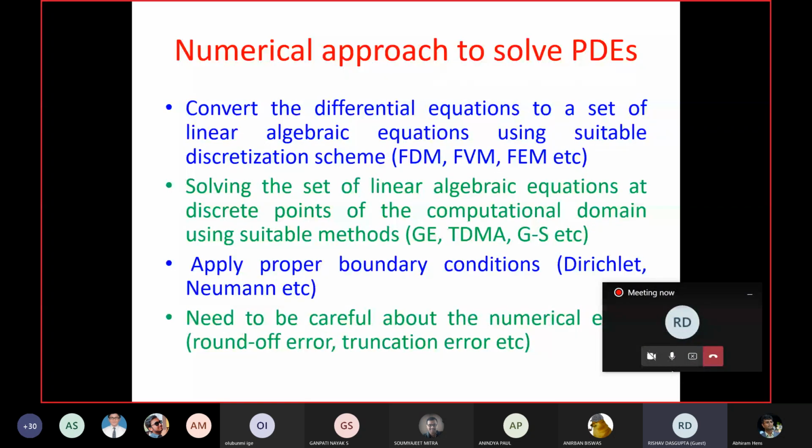Take the differential equation in the computer, or using a numerical method, and discretize it to get a set of algebraic equations, mostly linear algebraic equations. That is the first thing.